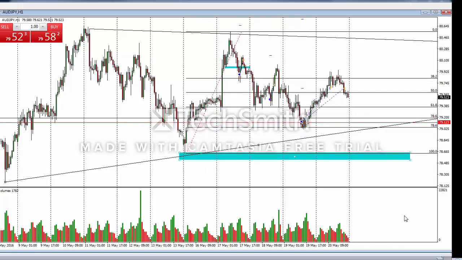Take your fib, and it's as simple as waiting for the level to be hit. 786, very nice. 618, brilliant. 38.2. I mean, it doesn't get any simpler than that. You've got the direction, and just wait for the fib.